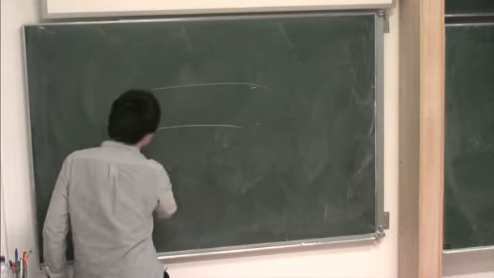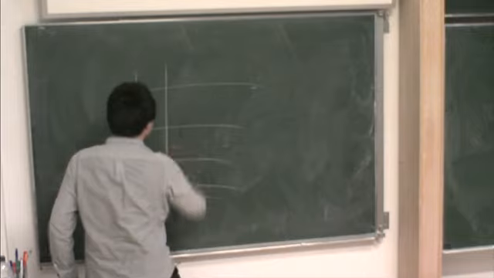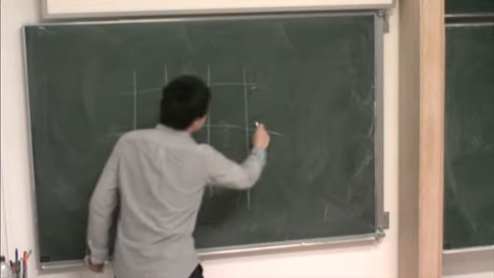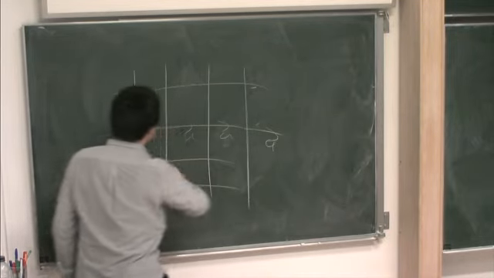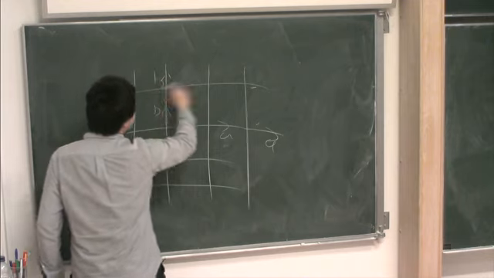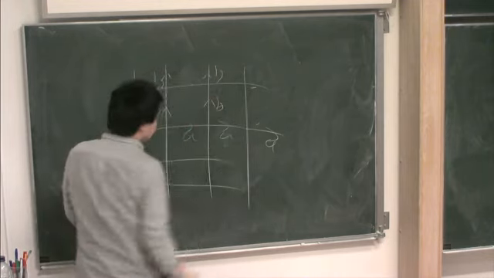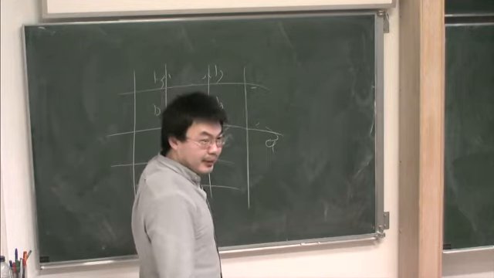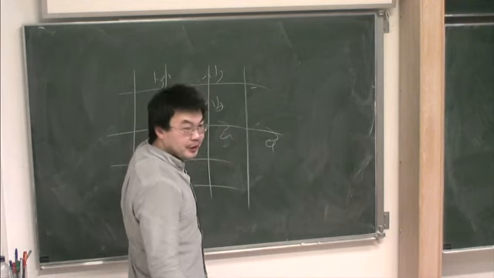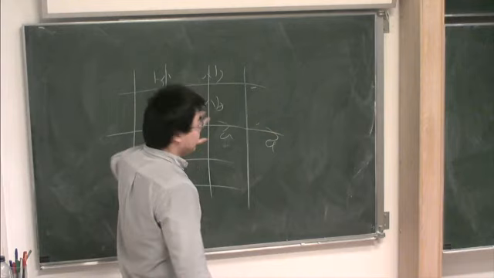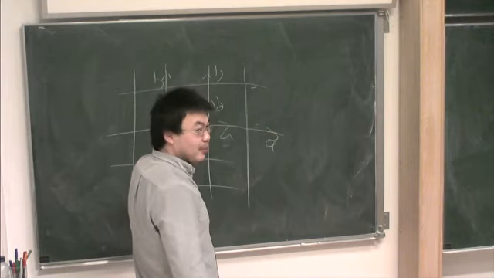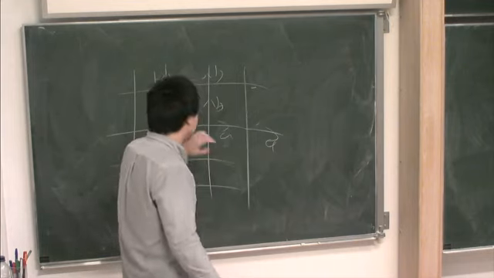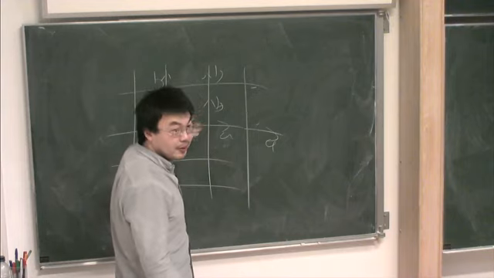Let's say this is a copy of R2, and we label the horizontal edges by A and vertical edges by B. Now you can already see that if you have an action on this grid which preserves both the orientation and the labeling, then it has to be a translation, and of course that's commensurable to Z2. But the most simple example of an action which preserves labeling but not the orientation is the Klein bottle group.